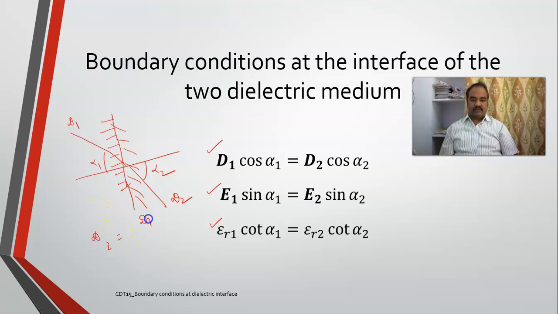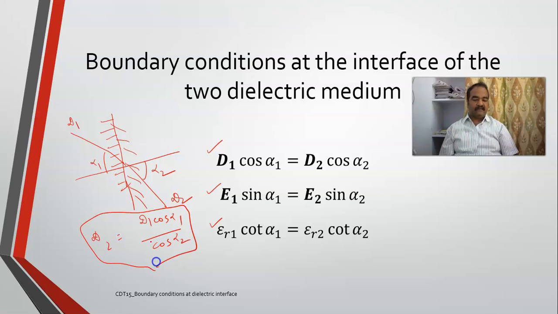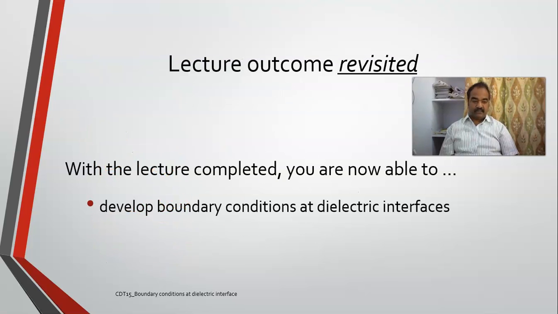D2 is equal to D1 cos alpha 1 by cos alpha 2. This is the way I will determine the electric flux density in the other medium if D1 is already known. So I hope that you can employ these boundary conditions. This was our target and we have reached our target.